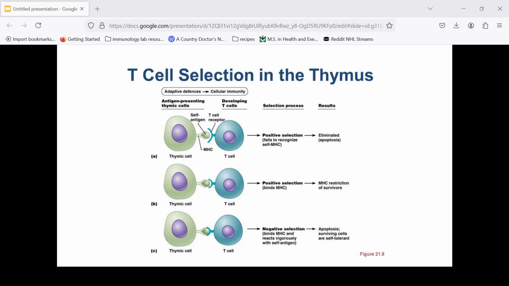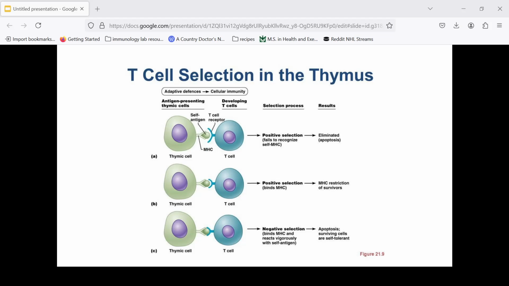That is when they undergo their VDJ rearrangement process, and then they're going to express both CD4 and CD8 TCRs. This is when they're double positive, I think is the term on the worksheet.